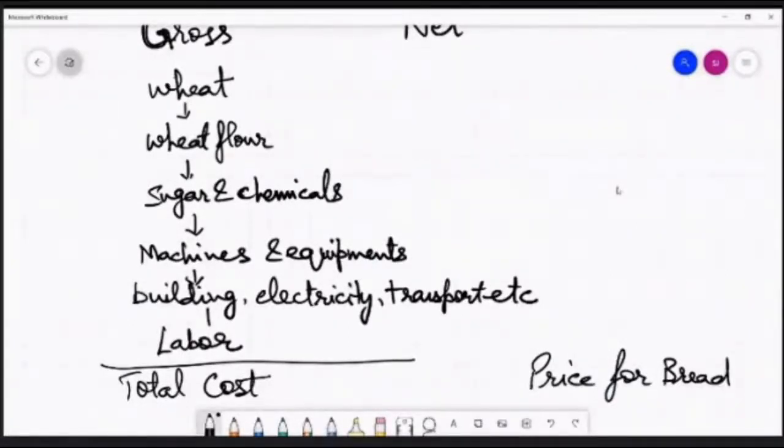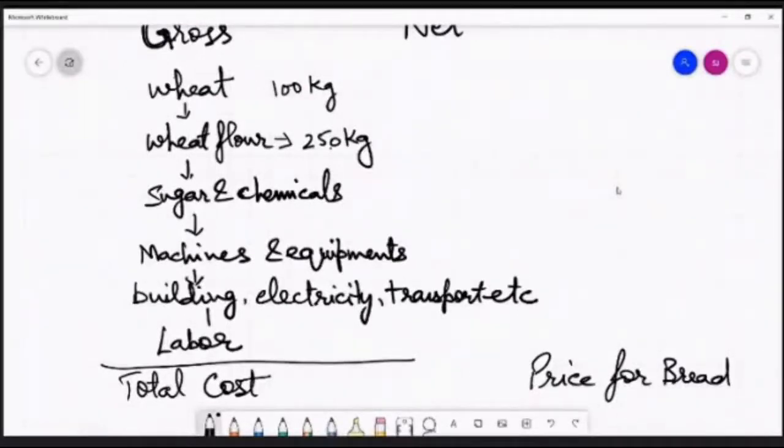Okay, so when you take the price of bread, that does not include all the costs which you have incurred per unit of bread. But what you do is that wheat was 100 rupees per kg. And then when you converted this into flour, it became 250 rupees per kg. So 100 is included in this 250.